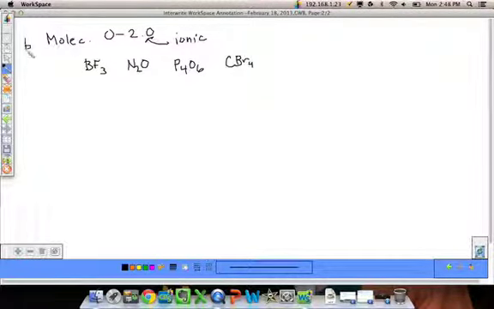Part C asks us about diamond, graphite, and C60 fullerenes because they are all allotropes of one another, which means they are made of the same thing, but they have a different shape. So it says first to describe the structure of each of the allotropes. The diamond, we've got a very strong tetrahedral shape.